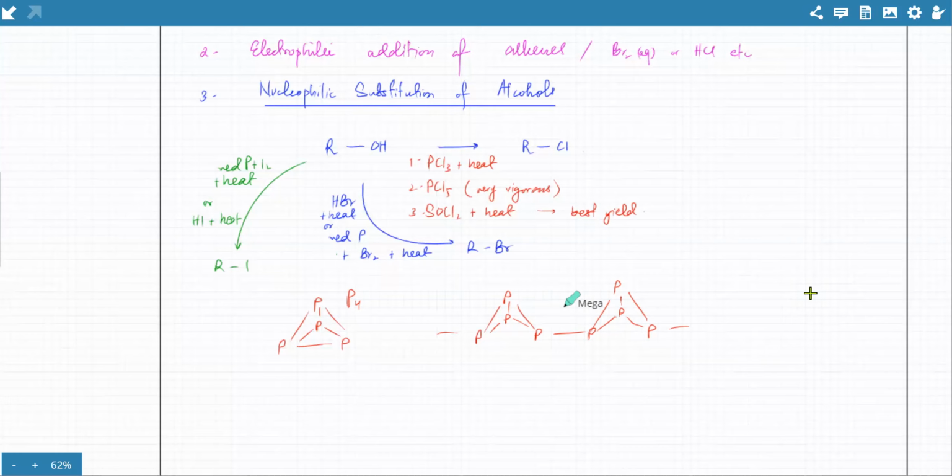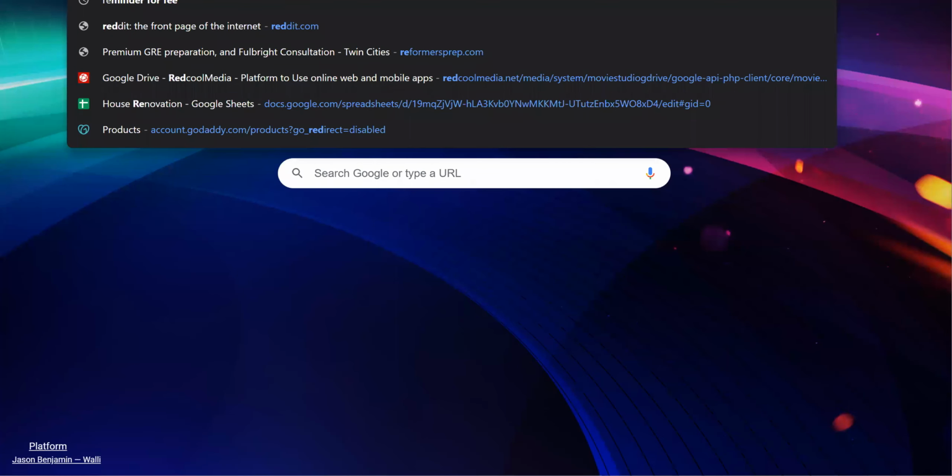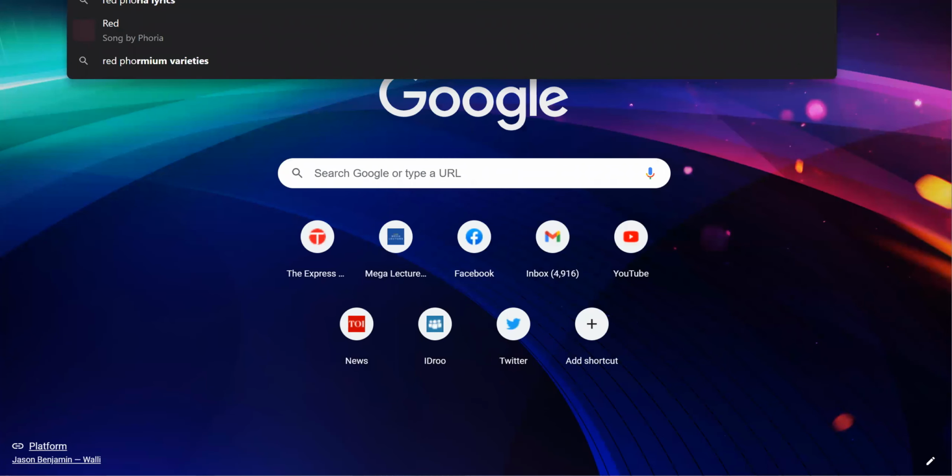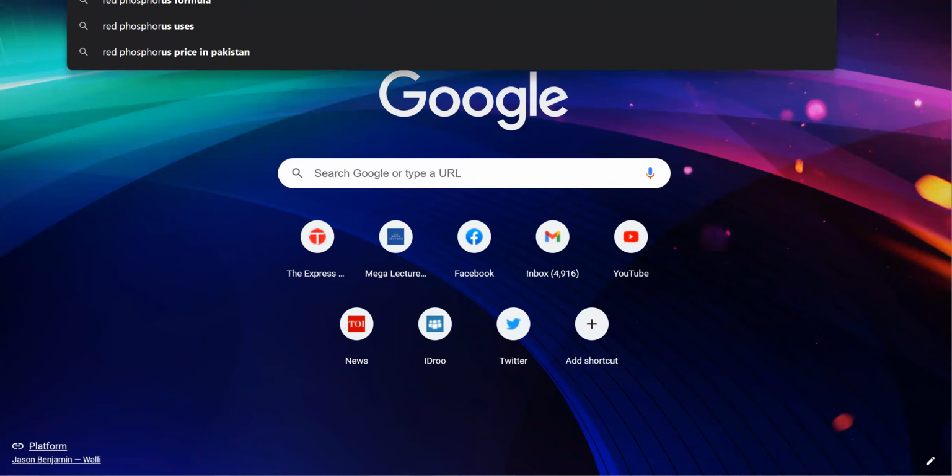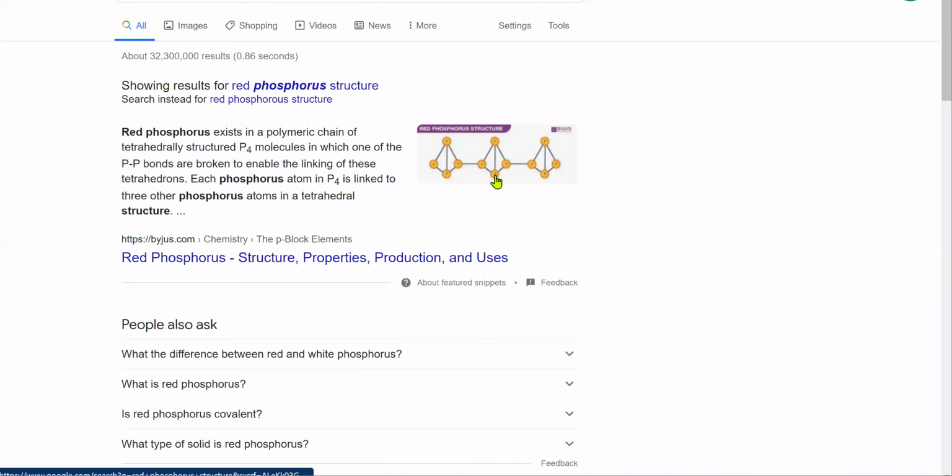Ethan, is this clear? Yeah. Okay. And one of them is white phosphorus. Let me show you the structure of red phosphorus because you got one. It is the polymeric form.